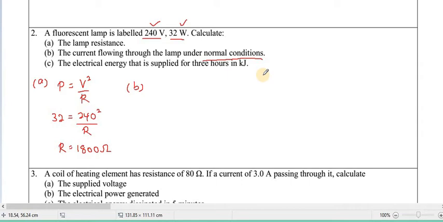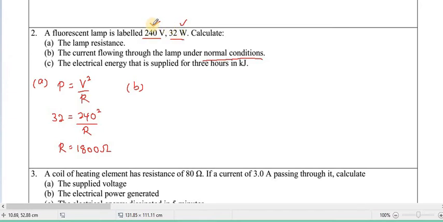Why does the question want to tell you that the lamp is functioning under normal condition? Because if the lamp is functioning under normal condition, then only can you use these two pieces of information to calculate.